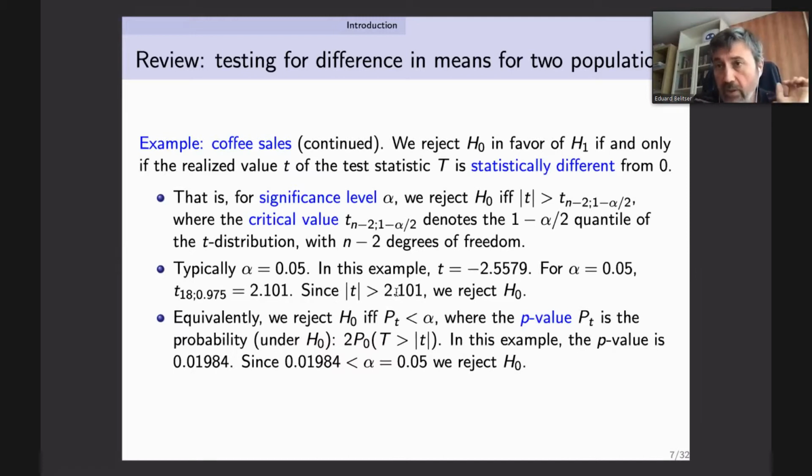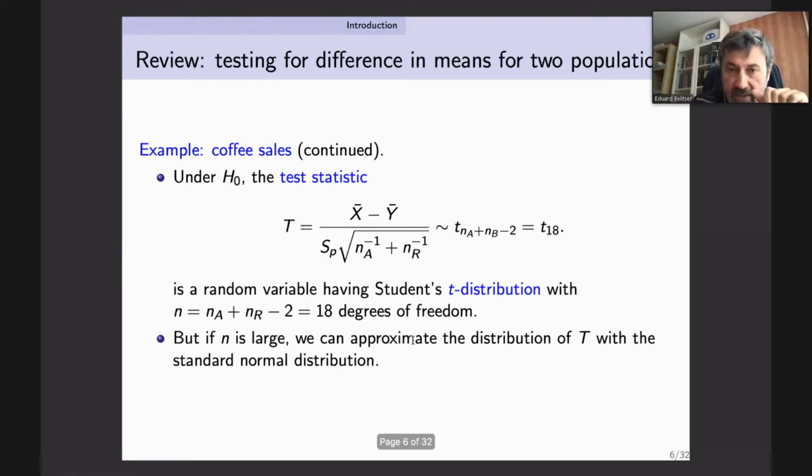Or alternatively, we can do testing through p-values. We simply compute the p-value. So now you should understand that this T is a random variable according to the t distribution with 18 degrees of freedom. And this small t is nothing else but exactly the observed value of that statistic, okay?